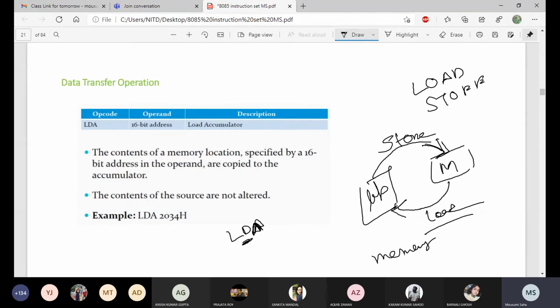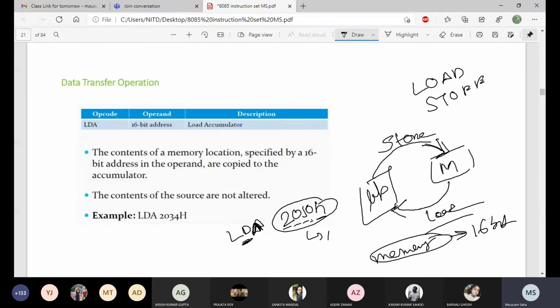Whenever you consider a memory address, it should be 16 bits. Never write 8 bits. So here you have to consider 16-bit data. 2050 is a 4-digit hexadecimal number I have considered, which means it is 16 bits in binary: 16 bits in binary, 4 digits in hexadecimal.